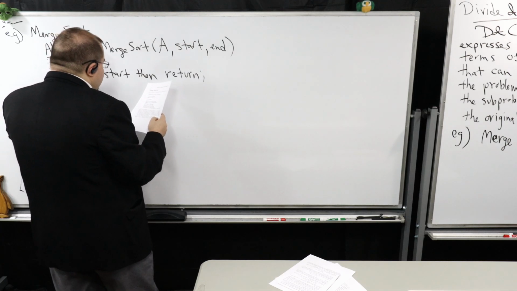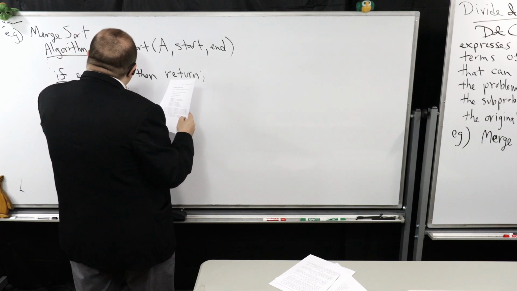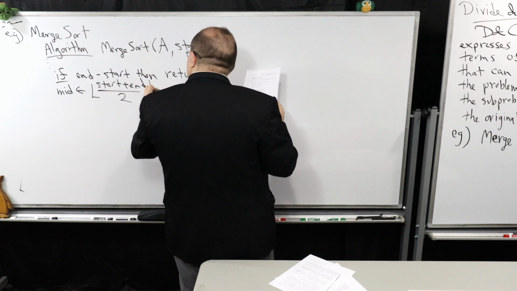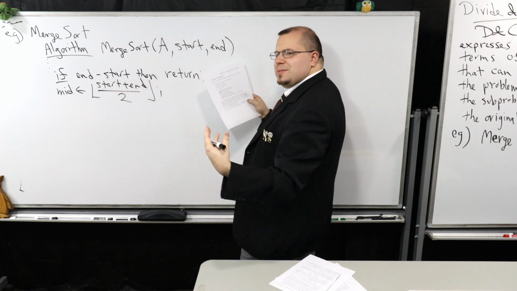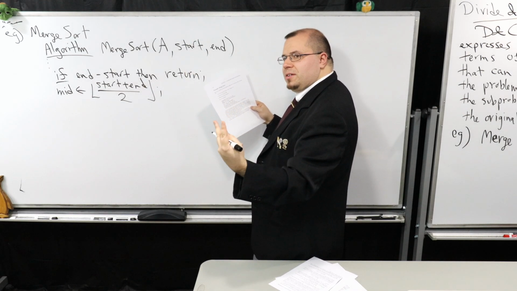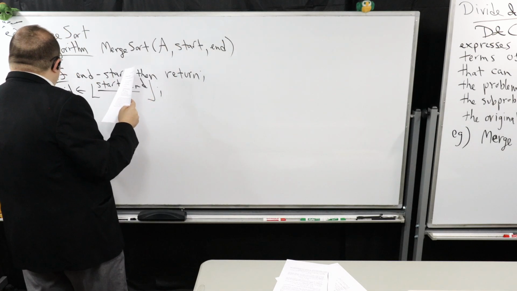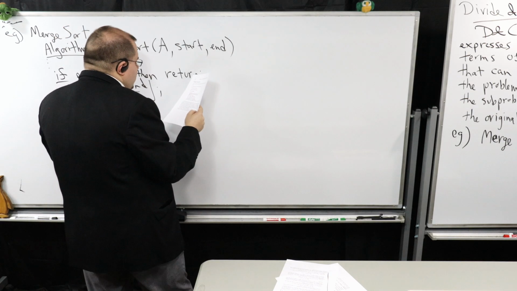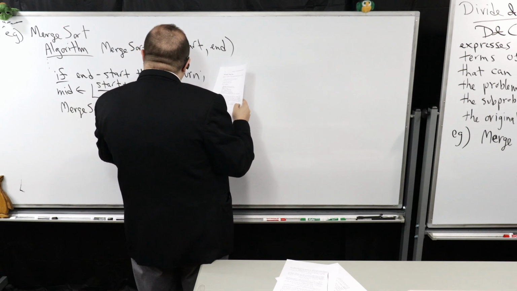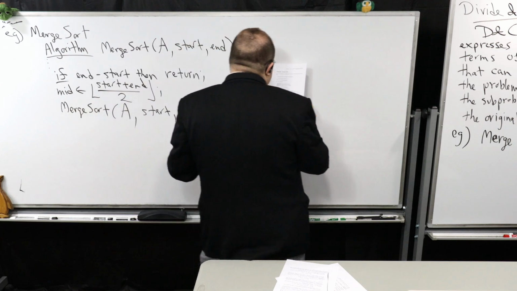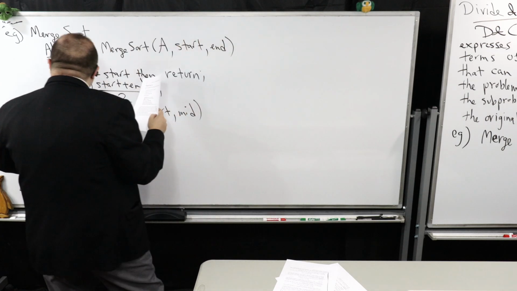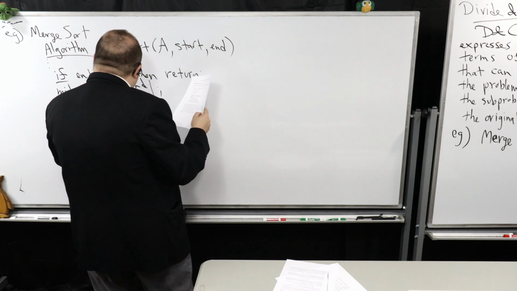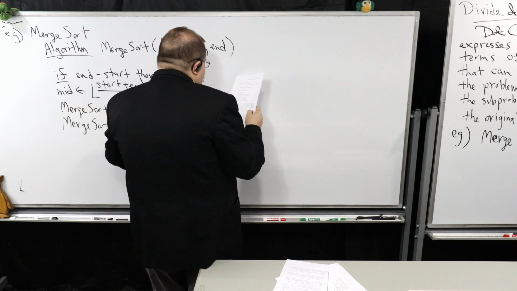Otherwise, we compute some mid, which is the floor of (start plus end) divided by 2. And then, as you may recall from merge sort, we have two recursive calls. We call merge sort on the input array A from start to mid. This cuts it right about the middle. Then we have another merge sort call that takes A from mid plus 1 all the way to the end.